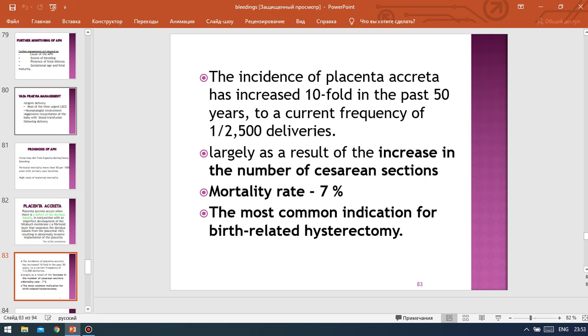The incidence of placenta accreta has increased tenfold in the past 50 years to a current frequency of 1 in 1,500 deliveries, largely as a result of the increase in the number of cesarean sections, and the mortality rate is approximately 7%. It is the most common indication for birth-related hysterectomy.